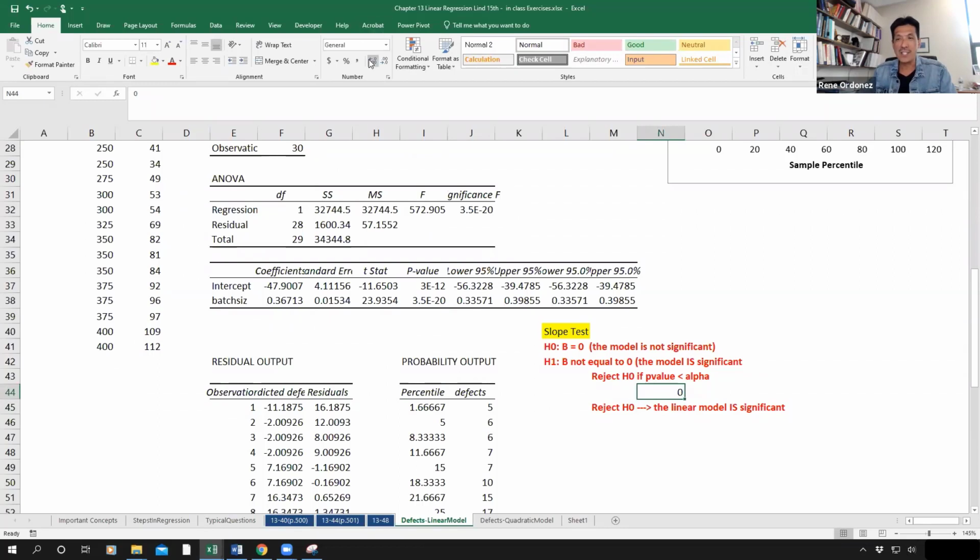So even if you set your alpha at 0.01, you will still reject the null hypothesis and conclude that the model is significant. But is the linear model appropriate?